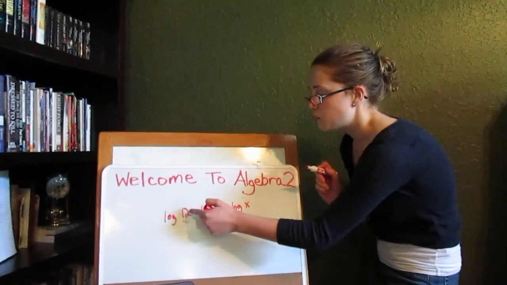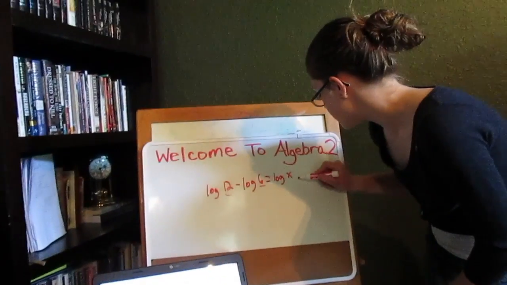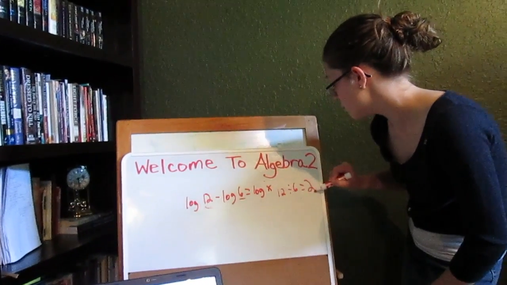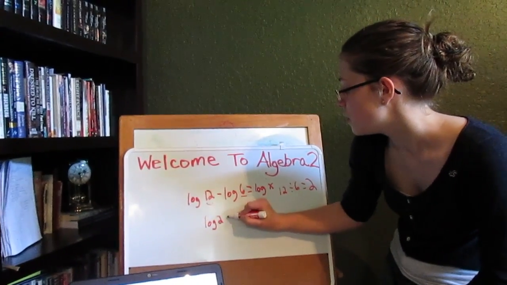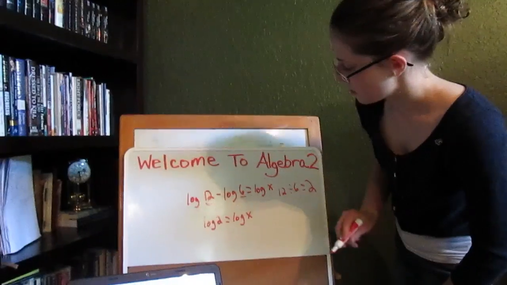So you're going to divide 12 by 6. 12 divided by 6 equals 2. So you have log 2 equals log x.